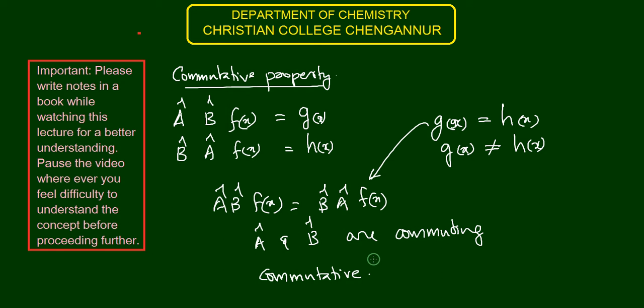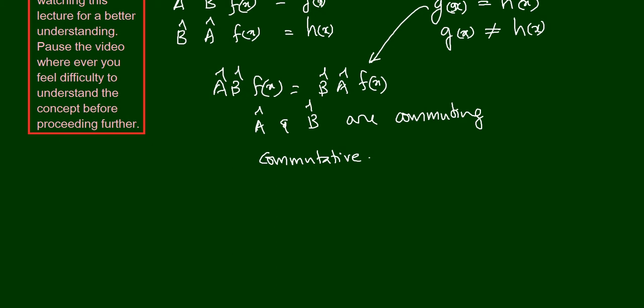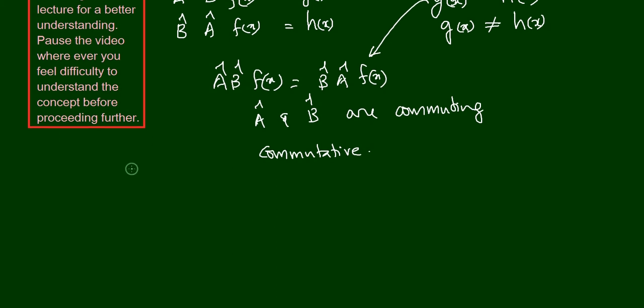Let us check some examples. Let A cap be equal to d by dx, and B cap be equal to 3x square, and the function f of x is sin x.